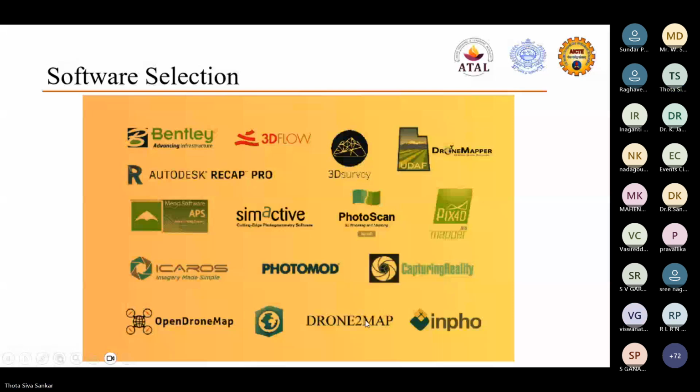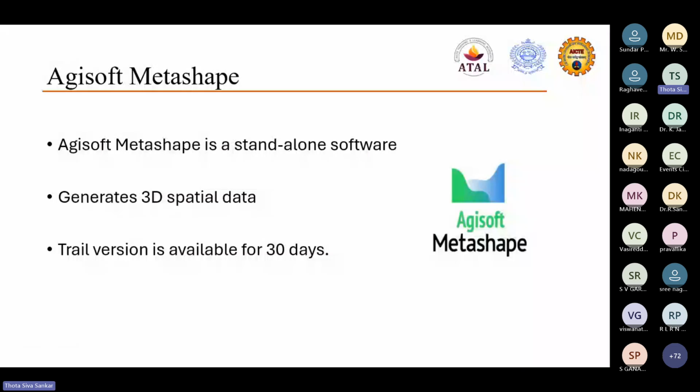AGI Soft Metashape is one of the commercial softwares. In many cases, you may find that drone data processing softwares are mostly commercial, the paid version. There are a few softwares which provide a free version, but by making use of command based instructions.